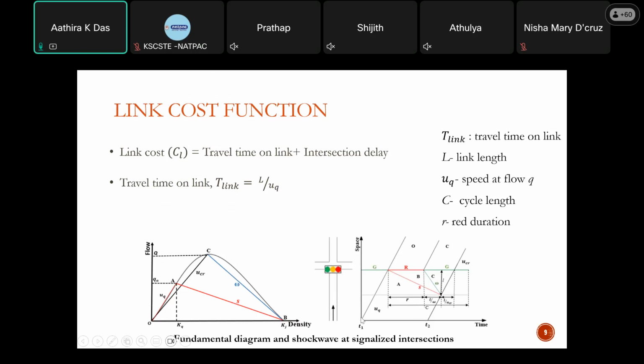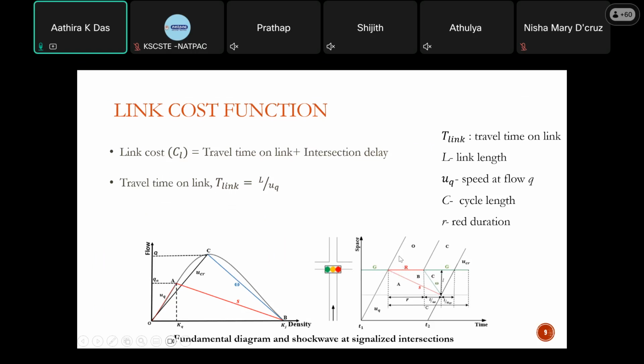So the first plot shows the trajectory of a vehicle which passes through the intersection during the green time. So here it has a traffic state of A, that is at flow Q. Now, when the signal turns red, the vehicles will start slowing down at the stop line, and they stop at the stop line.